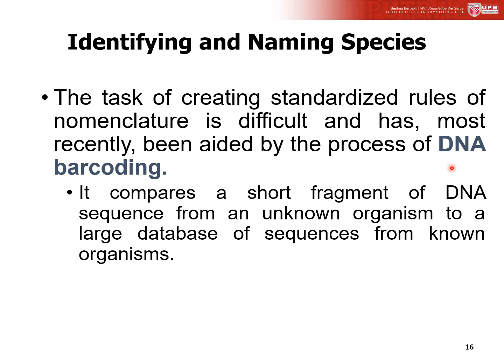DNA barcoding is a method of species identification using a short section of DNA from a specific gene or genes. This method compares a short fragment of DNA sequence from an unknown organism to a large database of sequences from known organisms.